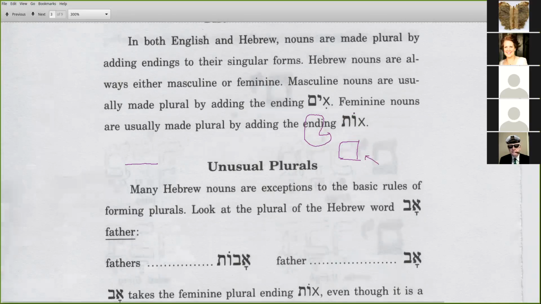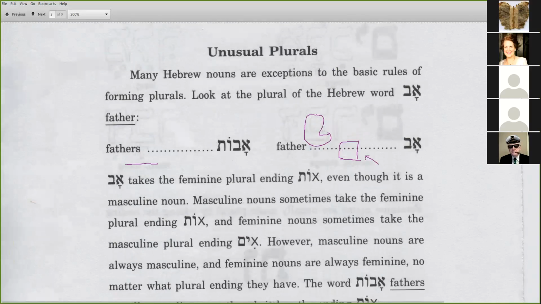So let's go to the unusual ones now that they're showing. Many Hebrew nouns are exceptions to the basic rule of forming plurals. Look at the plural of the Hebrew word av. And my goodness, there is such a teaching in this, my friends. I can connect this grammar to the entire teaching of the first mention of Adam in Genesis chapter 2.